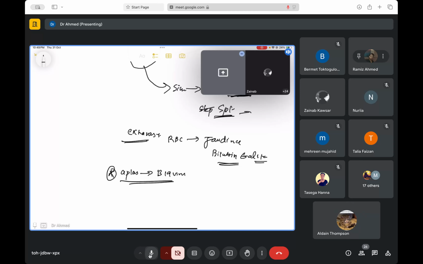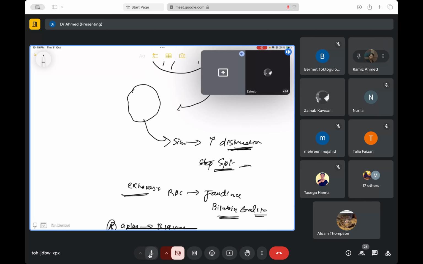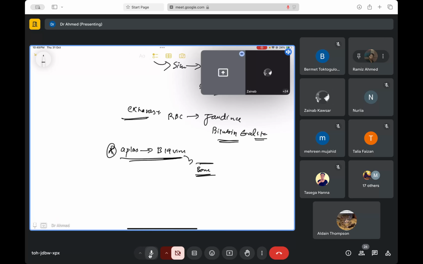B19 virus loves to attack your bone marrow. So if he is infected with this virus, he can enter aplastic crisis, that is pancytopenia, and all of the levels are going to be decreased.